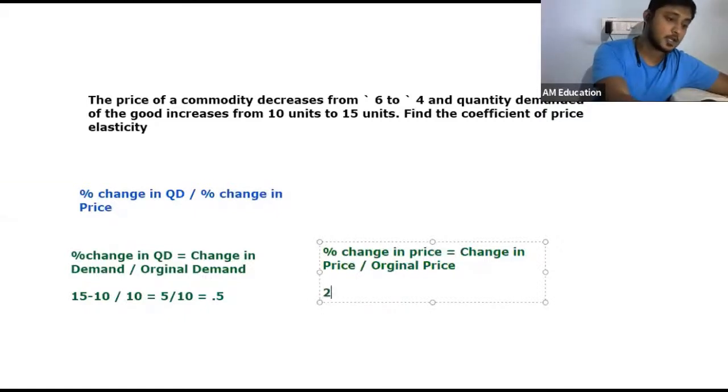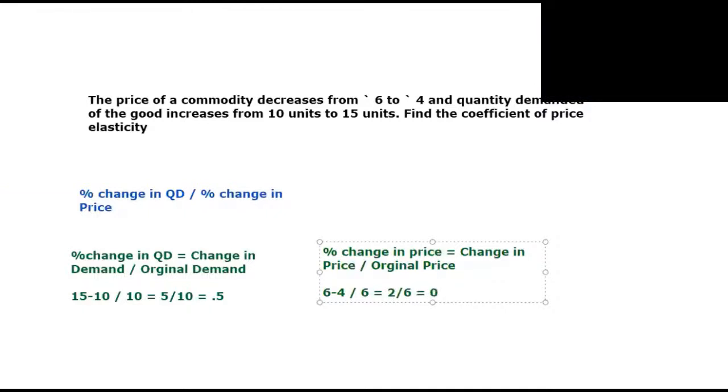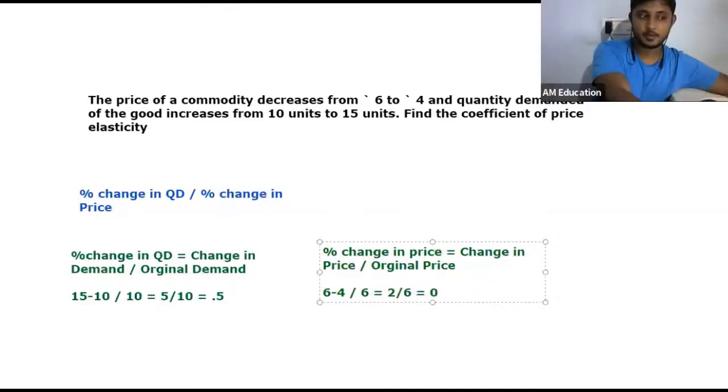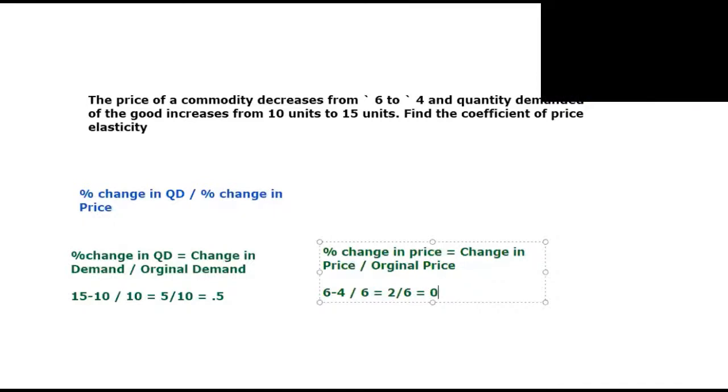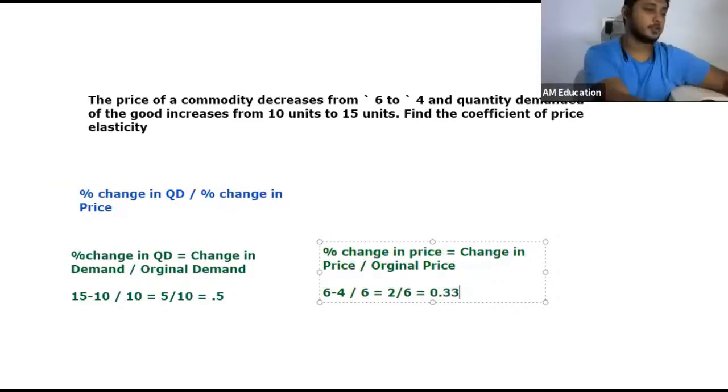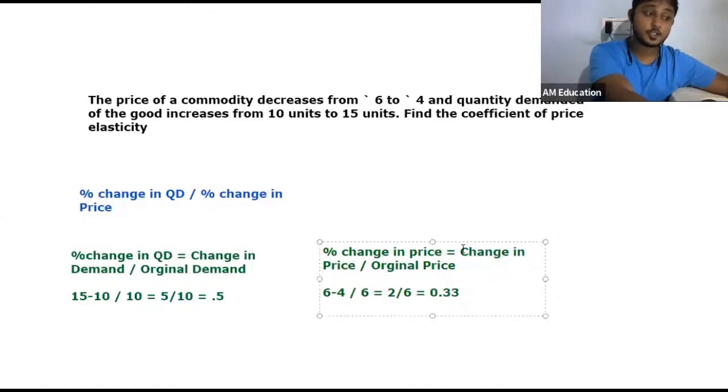So the change in price is 6 minus 4 divided by 6, which is 2 by 6, equal to 0.33. Okay, 0.33. So this is the percentage change in price, that is 33%, and the percentage change in demand is 50%.